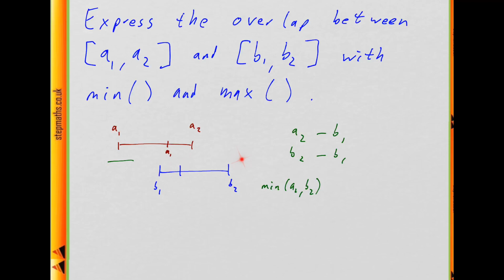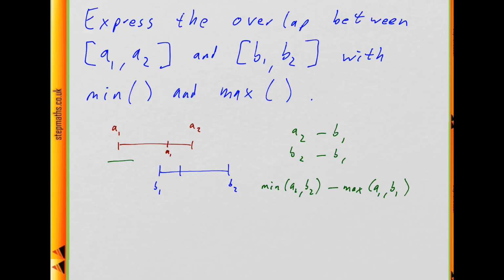So we can see what we're using isn't always b1, it's going to be whichever of a1 and b1 is further to the right. If a1 is further to the right, then the overlap's just this. But if b1 was, say, here instead, then we'd be using b1. So that means what we're using is the maximum of a1 and b1, and that's what we're taking away. And this looks like a promising answer.